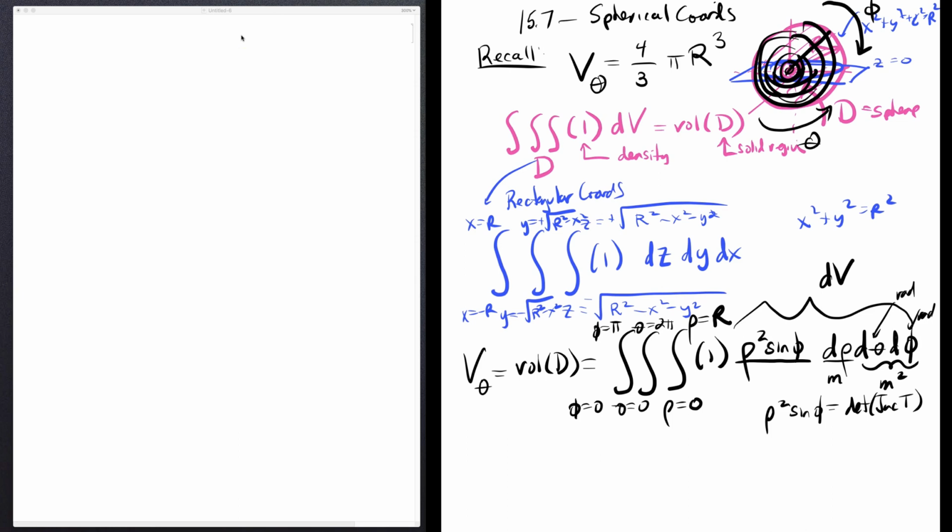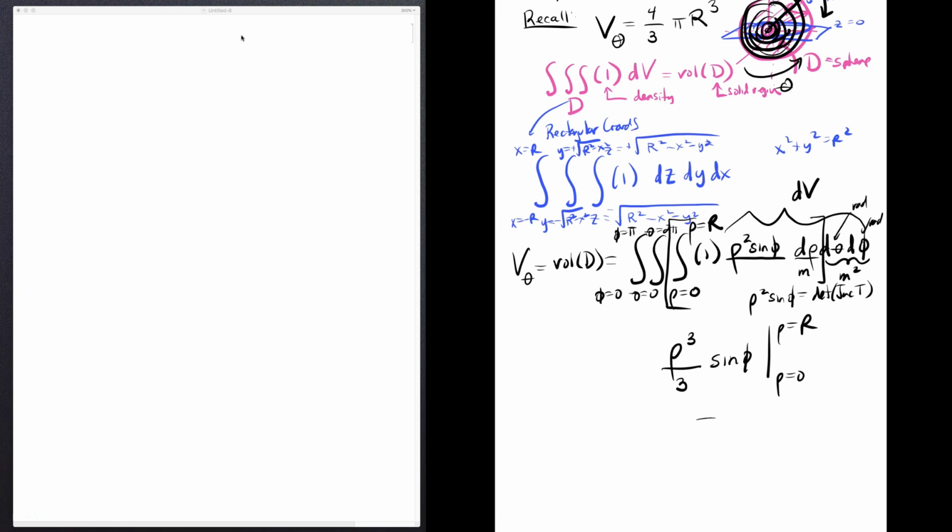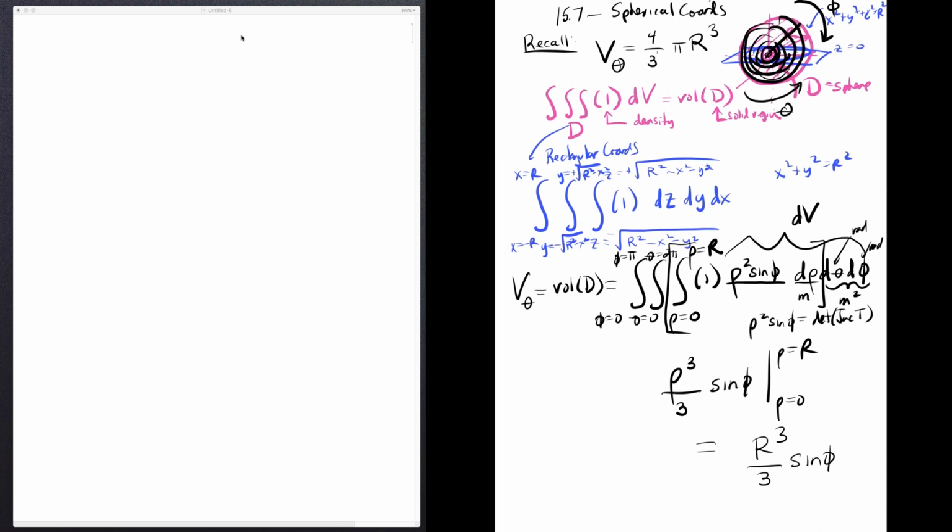If you integrate this problem out, you do an iterated integral. Integrate with respect to rho, you'll get rho cubed over 3 sine of phi, and then we evaluate from rho equal to 0 to rho equal to capital R. So if you've ever wondered where the 1/3 in the formula comes from, it's coming from integrating rho squared to get rho cubed over 3.